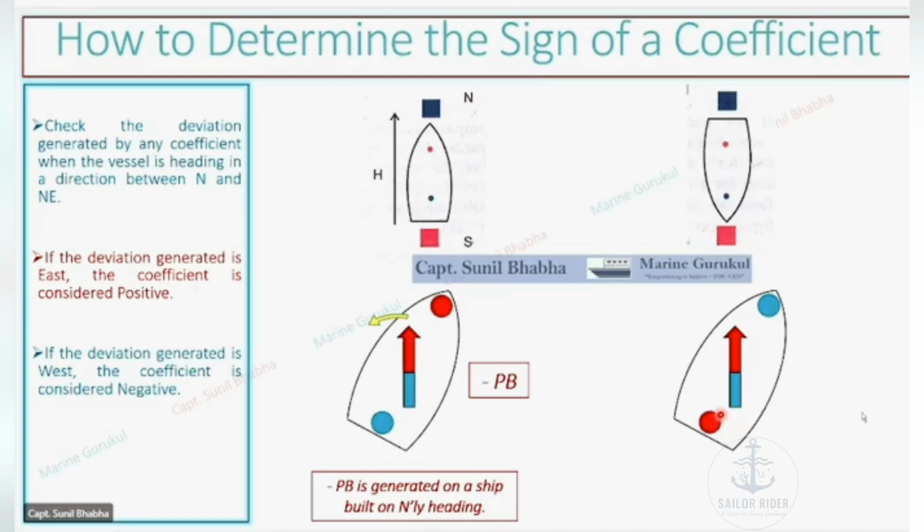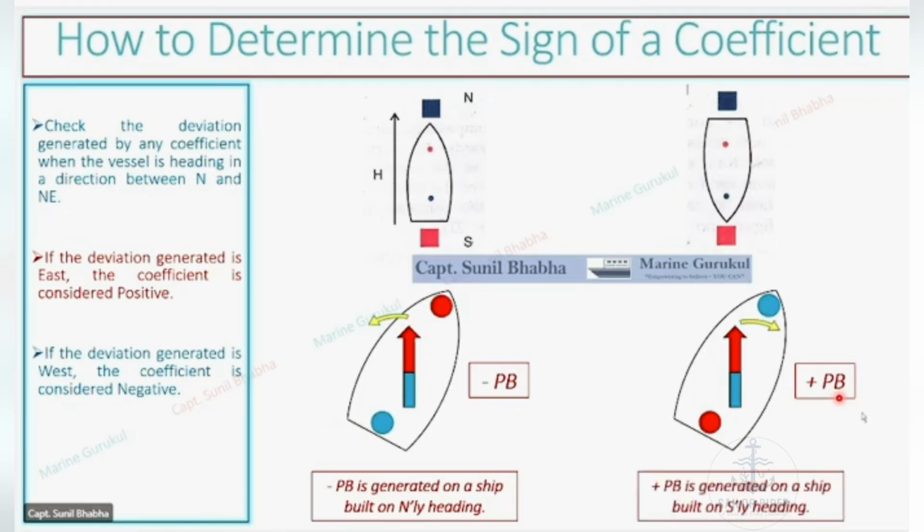The compass needle is going to turn clockwise, generating an easterly deviation. So this coefficient, which is permanent B, will be considered positive, plus permanent B. So you can summarize, plus PB is generated on a ship which is built on a southerly heading.